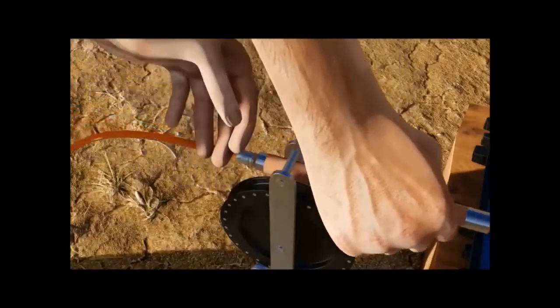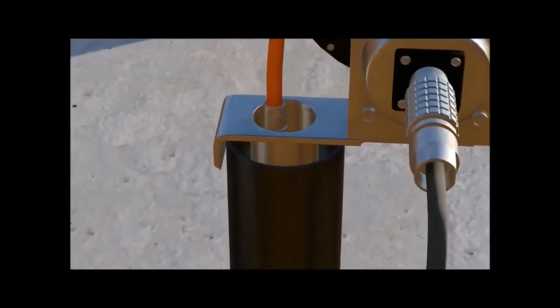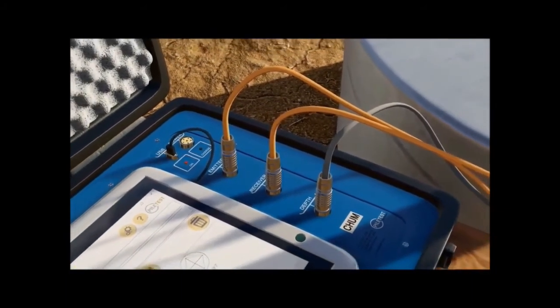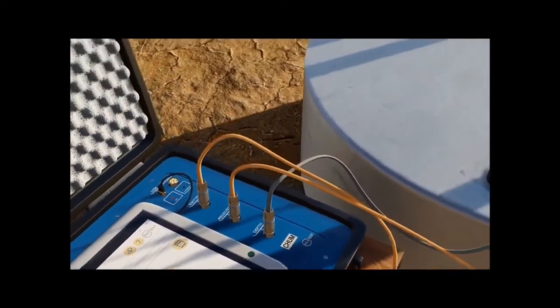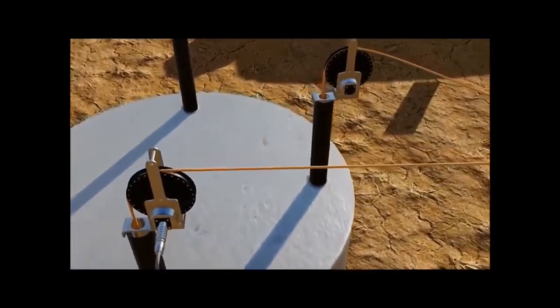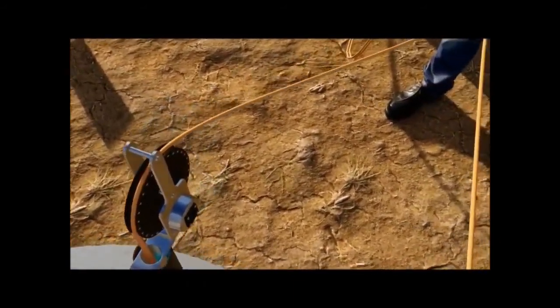Ultrasonic dual-function transceivers are lowered into the tubes, and lowered together all the way to the bottom, which may be 100 meters below ground level.